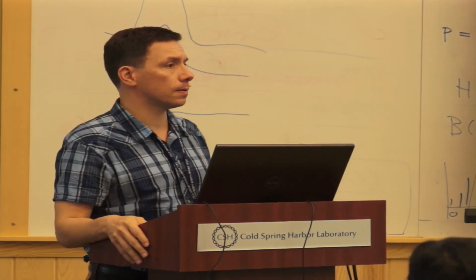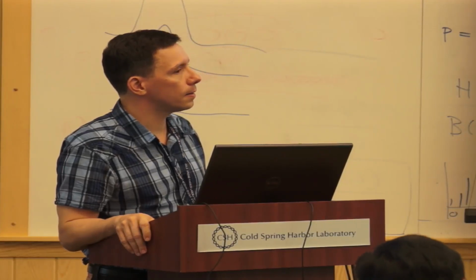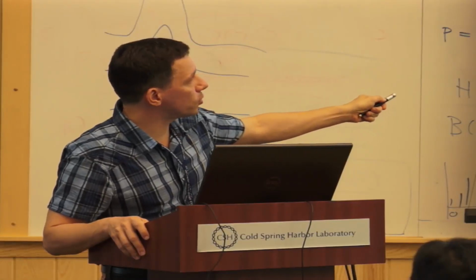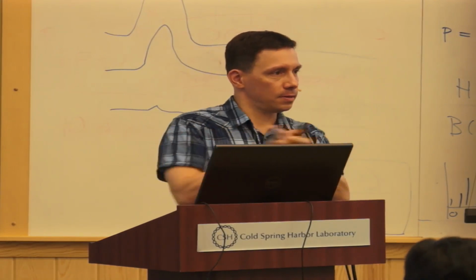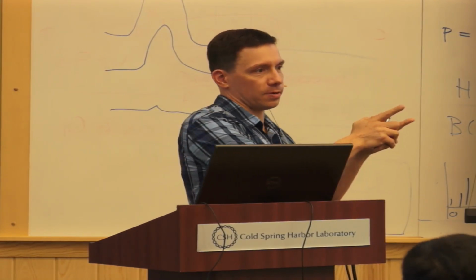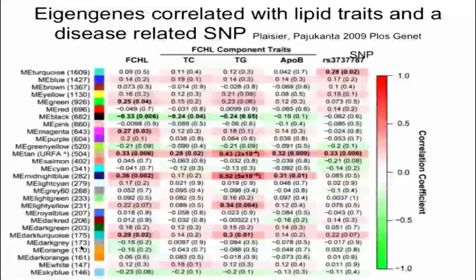Yes? Just to make sure I understand, this is the gene expression profile where for every patient you had a value for the module eigengene? Yes. And therefore what I can do is correlate the module eigengene with disease status across 70 people. So it's a correlation value and a correlation test p-value.